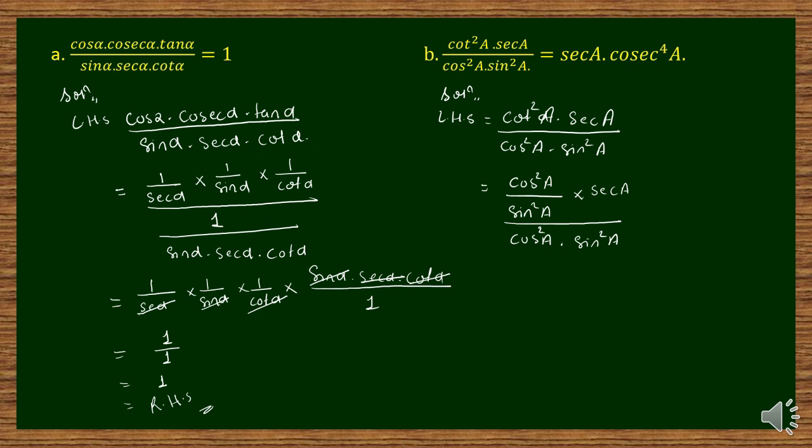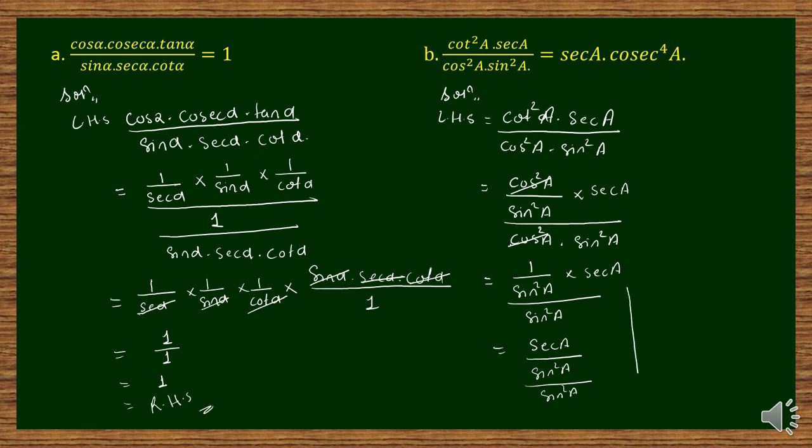So we will cancel this cos square A and this cos square A. So we have 1 by sin square A into sec A divided by sin square A. When we multiply 1 by sec A, we get sec A by sin square A divided by sin square A.